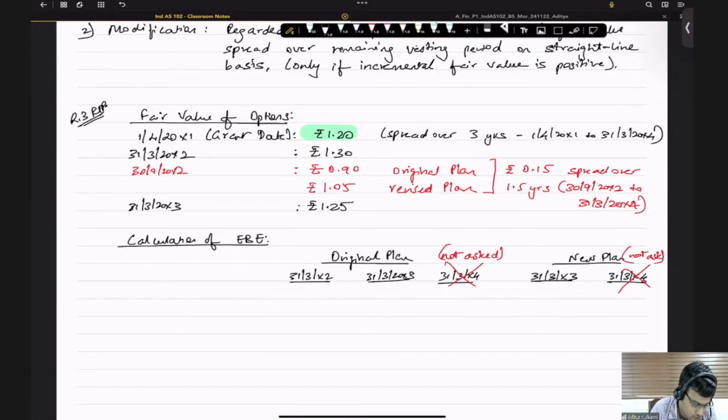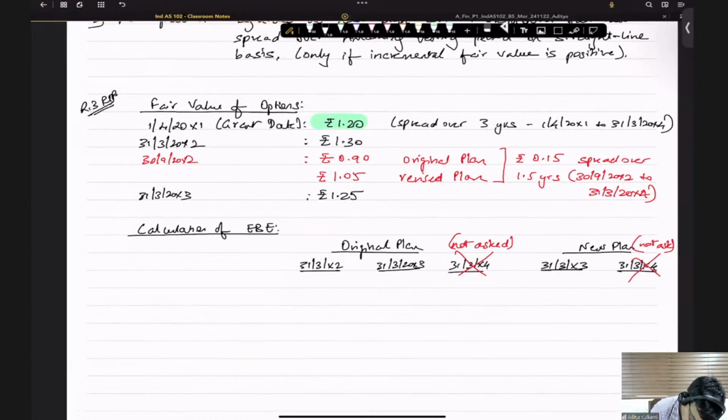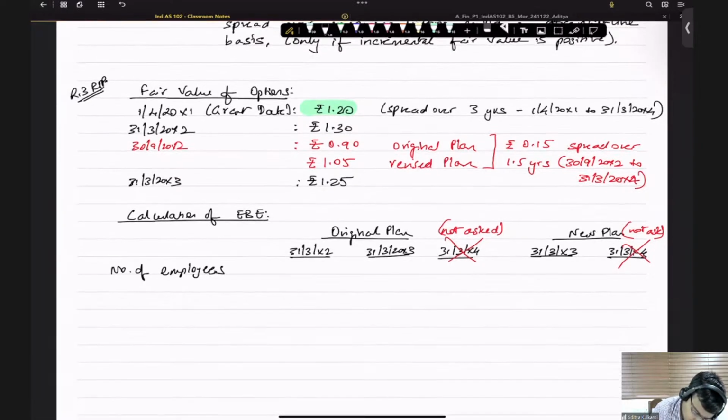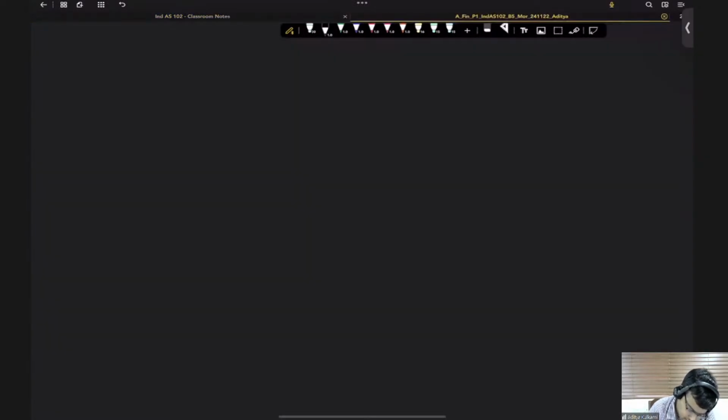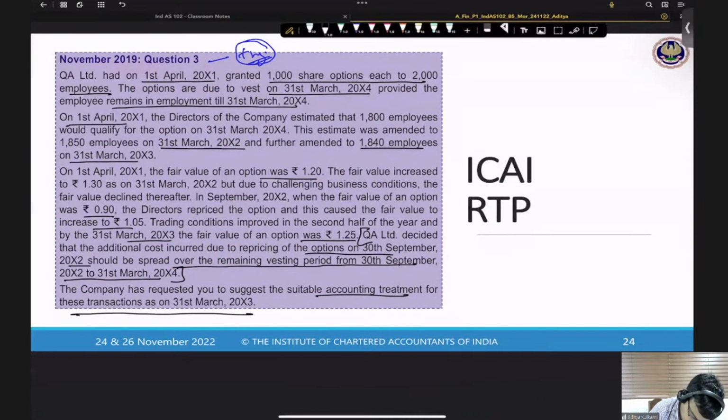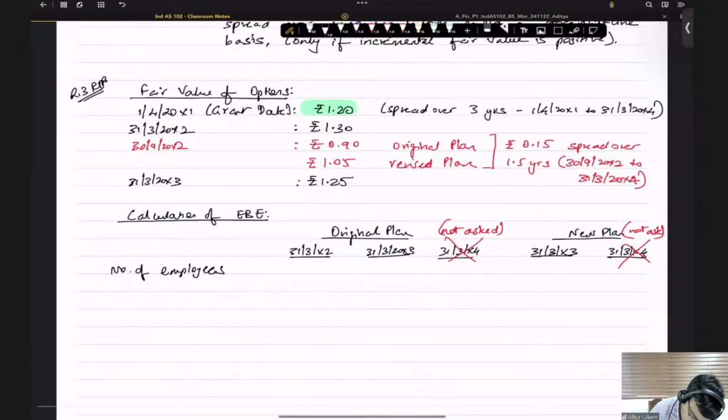Okay. So now number of employees. How many are there? Estimated 1850, 1840. Revised also, it will be 1840.